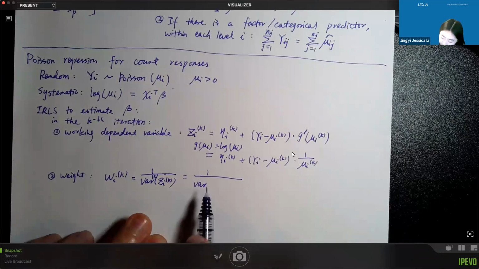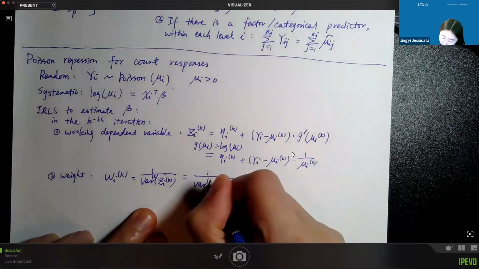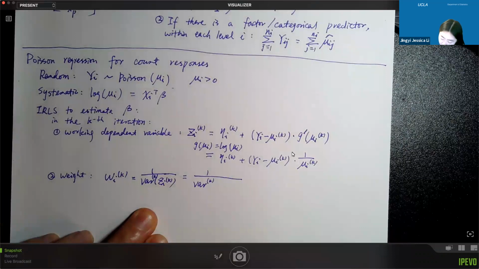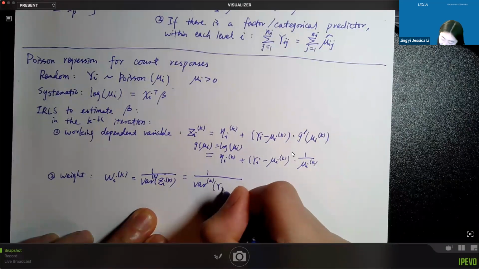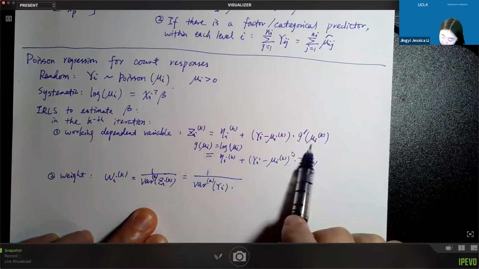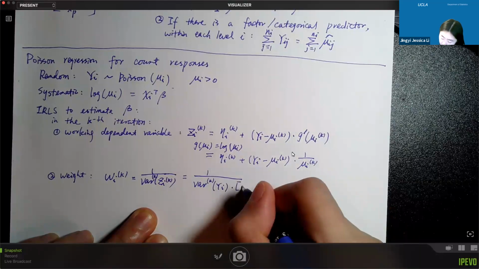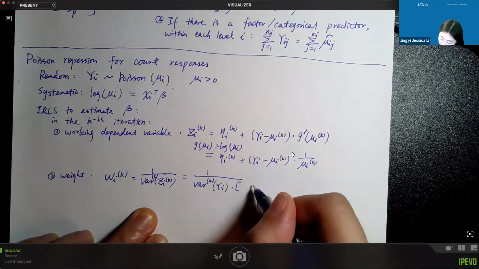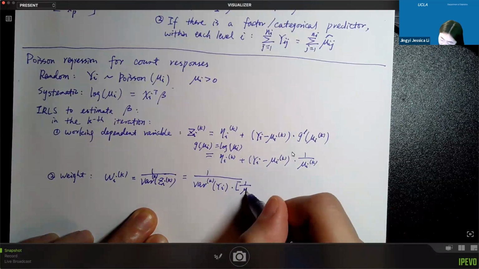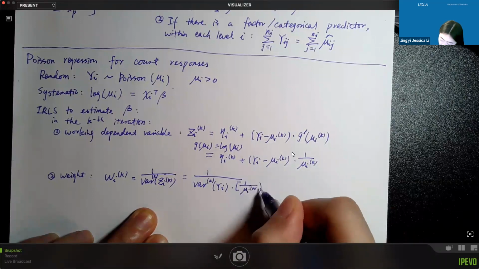Then I would have the variance computed using the current parameter values for yi, times the square of this constant, 1 over mu_ik, squared.